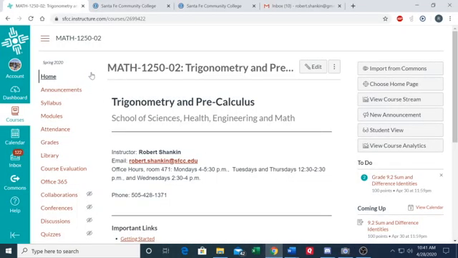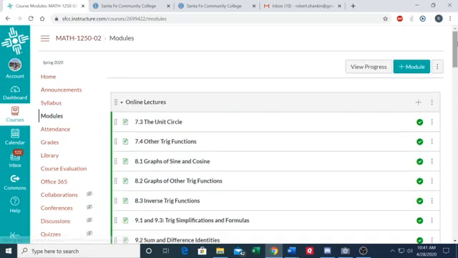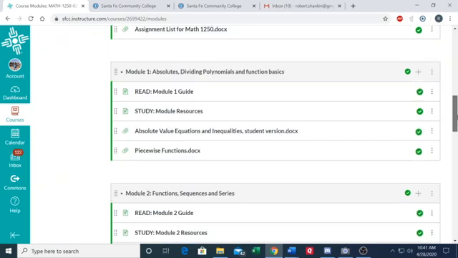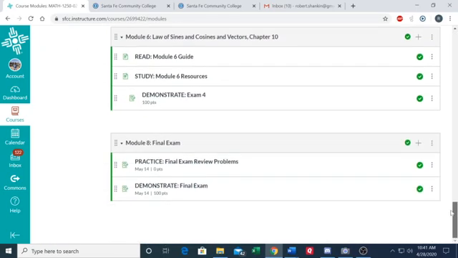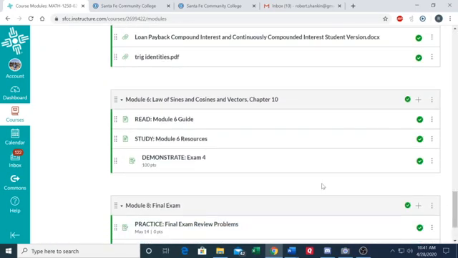I'm going to take you to the Canvas homepage here for this course. And if we look in the modules, I'm going to make another module for exam 4, and I'm going to make a practice exam for exam 4, because that's in a week that you have exam 4.